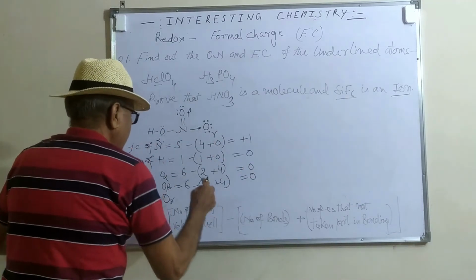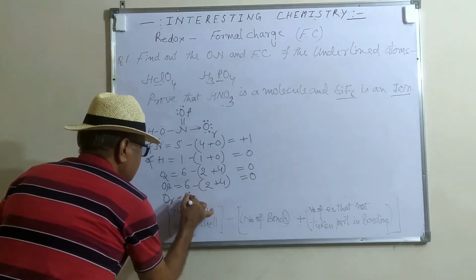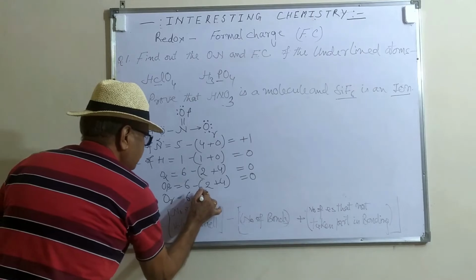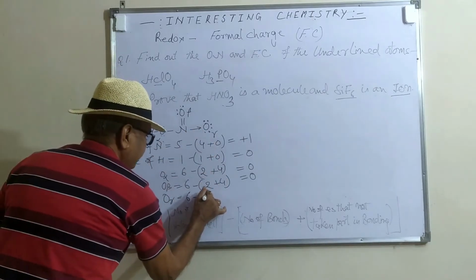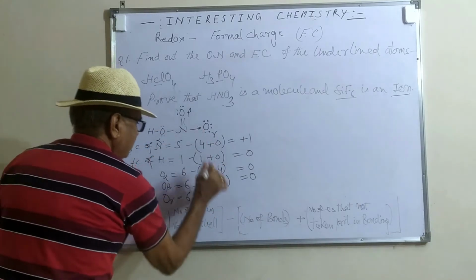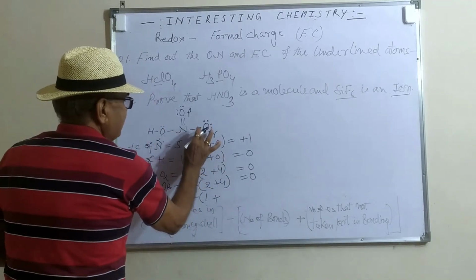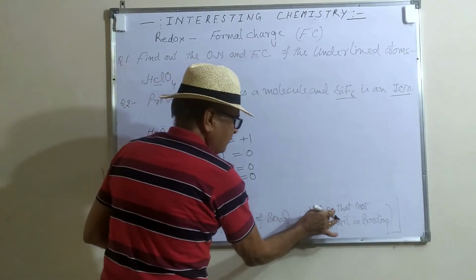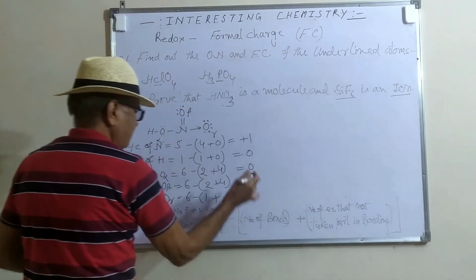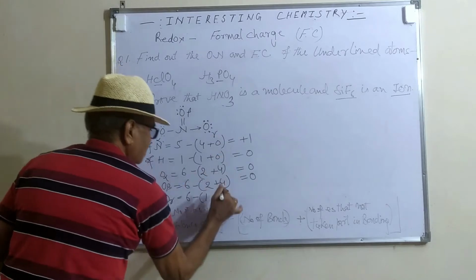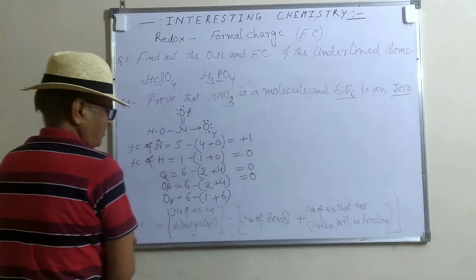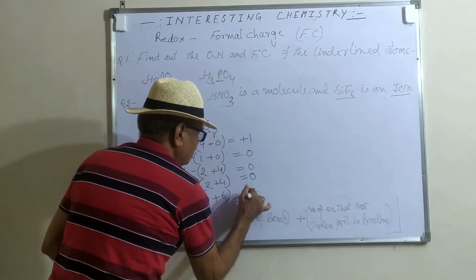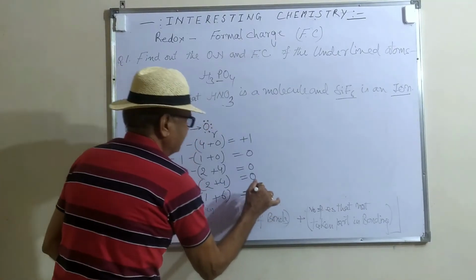So here you can write 6, the number of electrons in the valency shell, minus bonding 1, here only 1 bond, plus the number of electrons that have not taken part in the bonding. So here 6 electrons. So here 6 minus 7 is equal to minus 1.